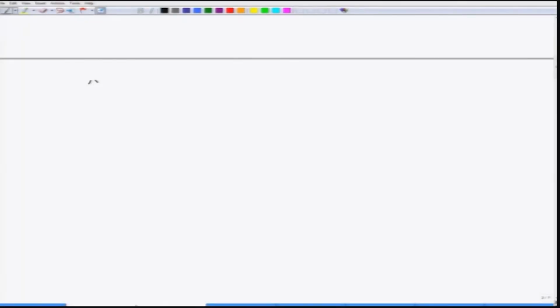Suppose this is a vector x which belongs to the vector space V, and alpha is a scalar that belongs to a certain number system. If alpha happens to be real, then it belongs to the real number system. If it is complex, then it belongs to the complex number system.